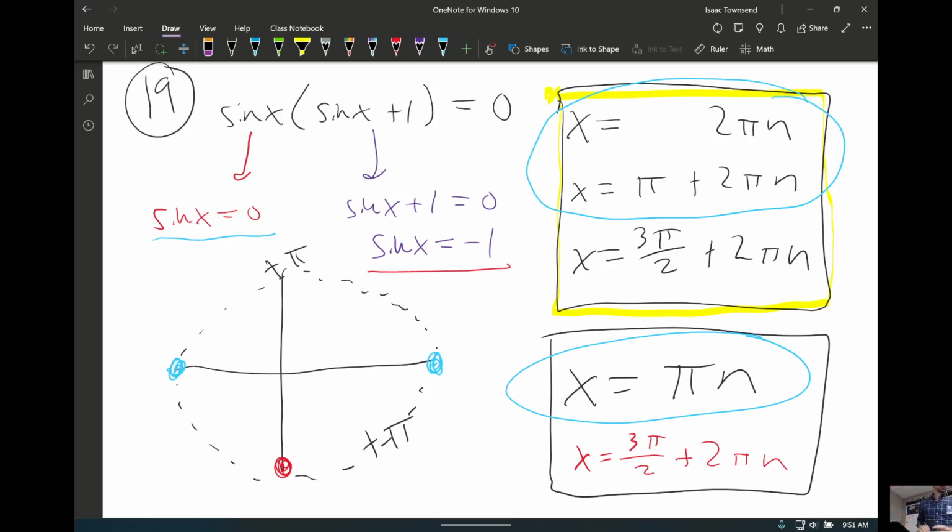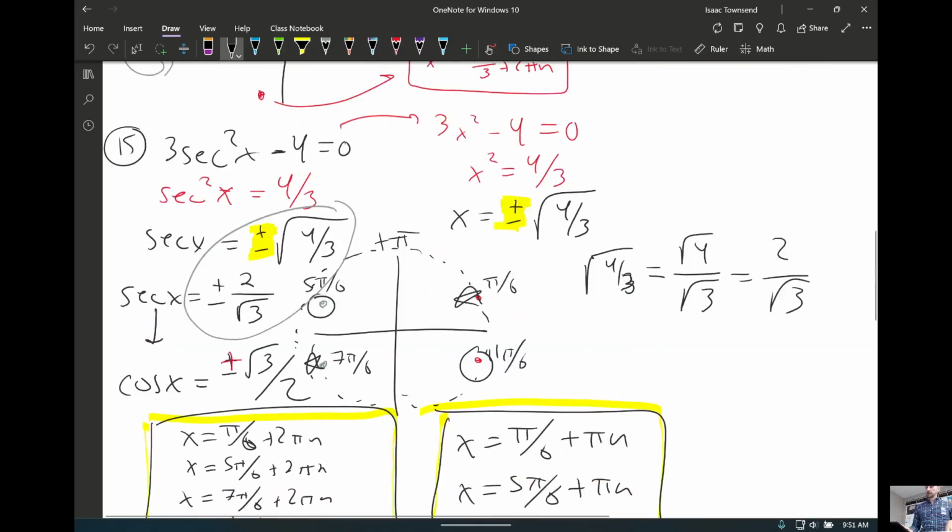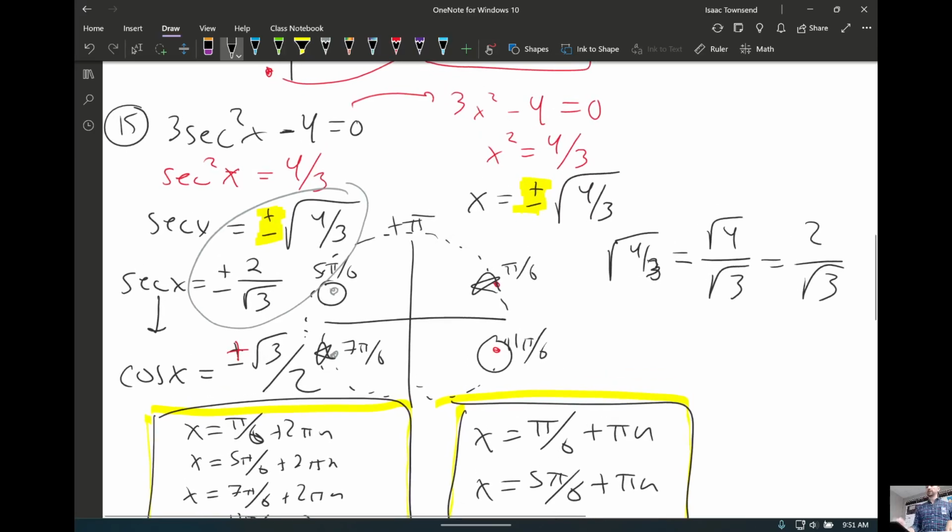Okay, any follow-up to number 19 while it's still up there? Yeah. Okay, just a second. Anything else about 19? Okay, then 15. If you need help with that one, pause what you're doing and follow along with us here. Oh, we already did 15. I knew it looked familiar. That one's already been done.